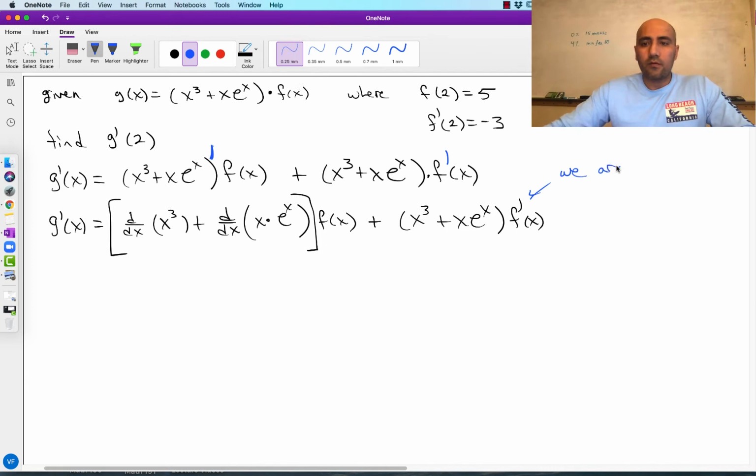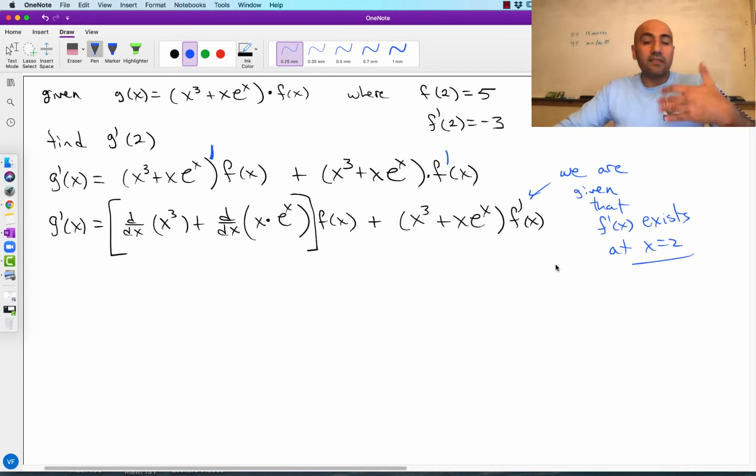We are given that f prime of x exists at x equals 2. It might not exist everywhere, but it definitely exists at 2 because it's given there, and that's all we care about.